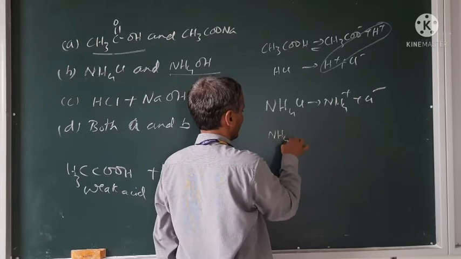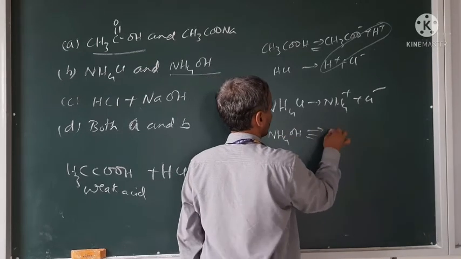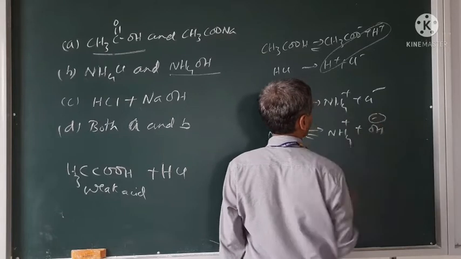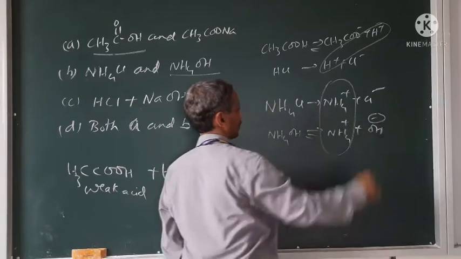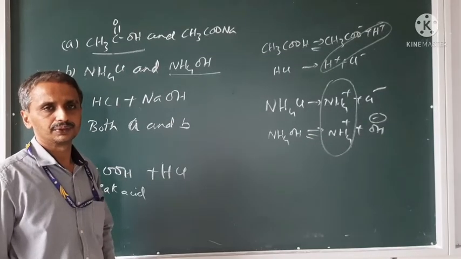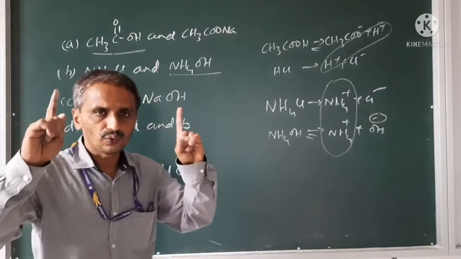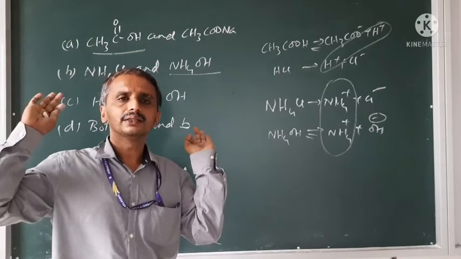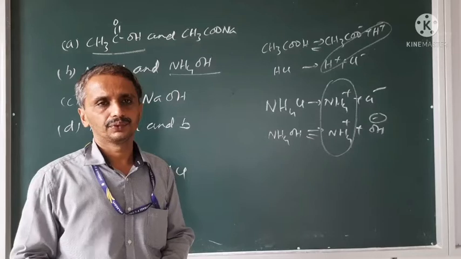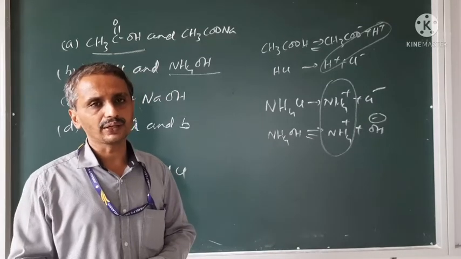Ammonium hydroxide will give NH4 plus and the OH minus. See, this is a common ion over here. So there is a common ion effect again here. So a weak acid and a strong salt can show that common ion effect.